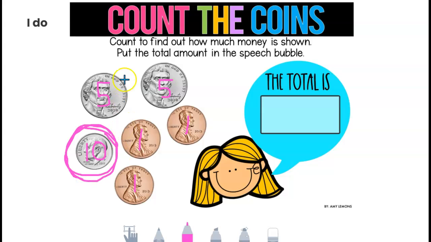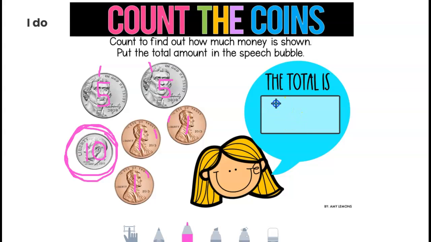So let's start with that dime because that's the one that's worth the most, and that's a 10. Now I'm going to add my nickels. So 10, and I'm going to count by 5s because the nickels are worth 5. 10, 15, 20. And now I count by 1s to add my pennies. 21, 22, 23.